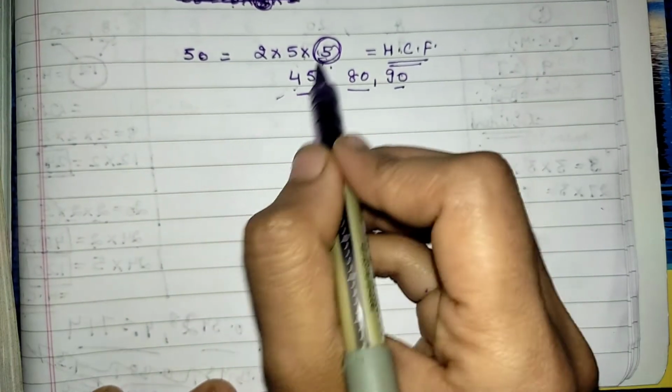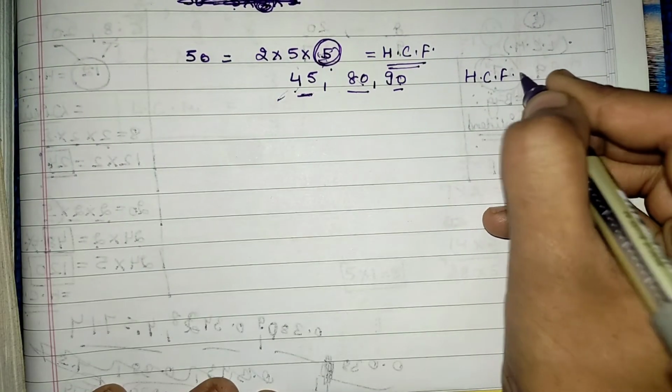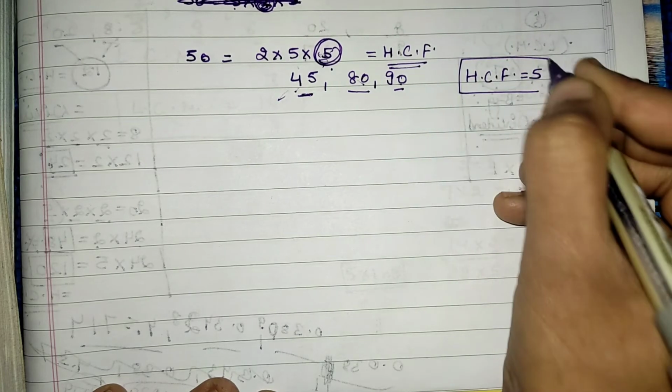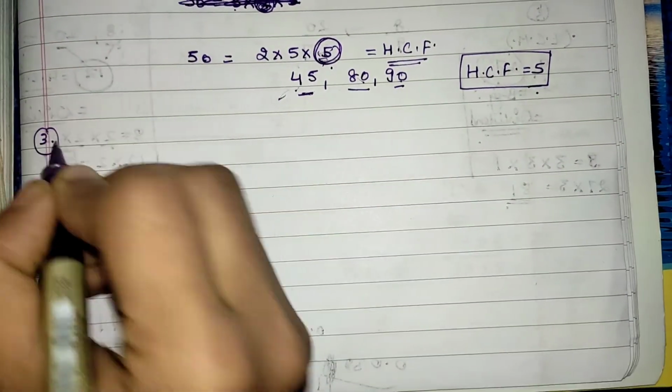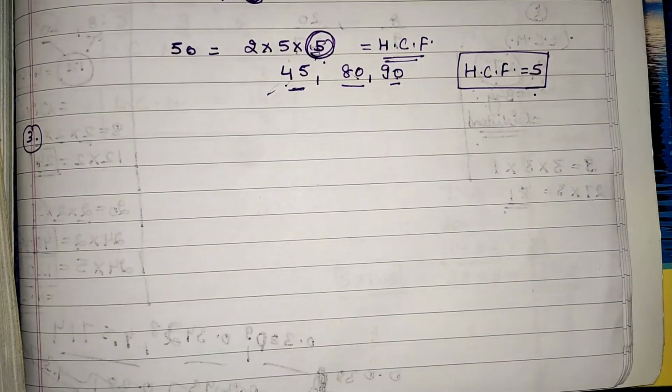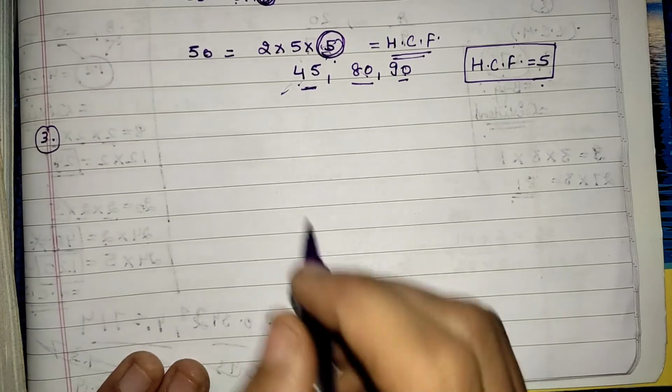Yes, it is dividing all of my numbers, so the HCF in this case is going to be 5. Once you practice on the questions, you will have command over them and you will be able to solve them very fast.